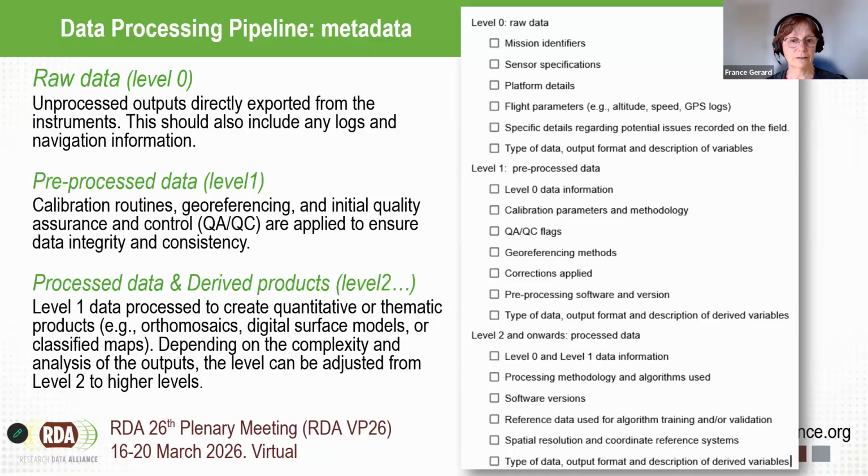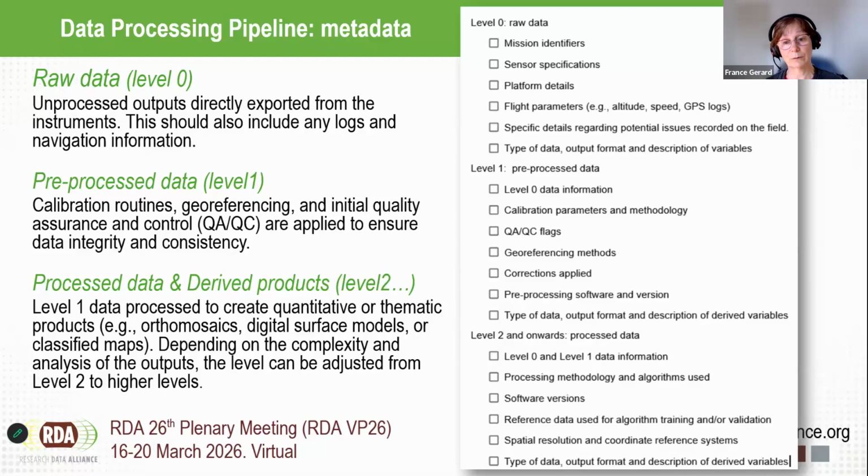You specify your sensor, the platform that you used, and the flight parameters. Also specific details regarding potential issues recorded in the field. So that's the data log that the previous presentation mentioned, and the type of data, output format, and description of the variables.